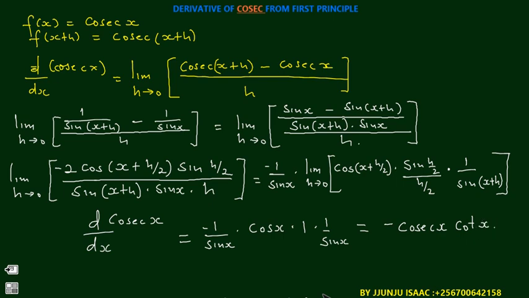We conclude, therefore, the derivative of cosec x with respect to x, you get negative cosec x times cot x. That is how we derive it from first principle.